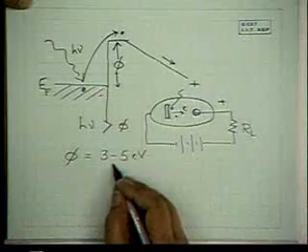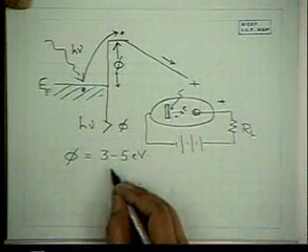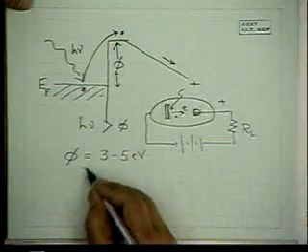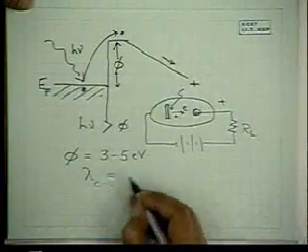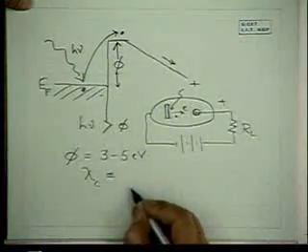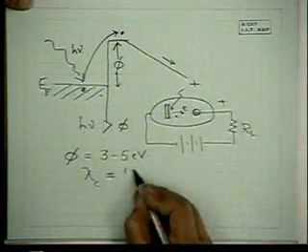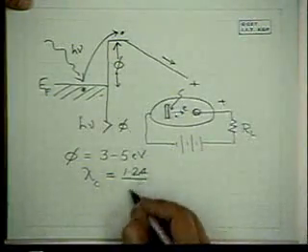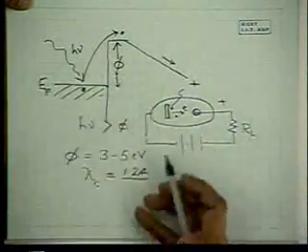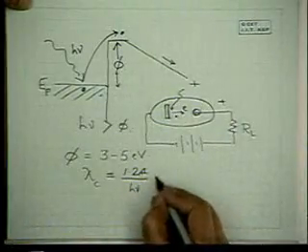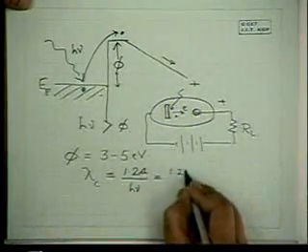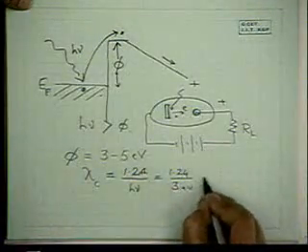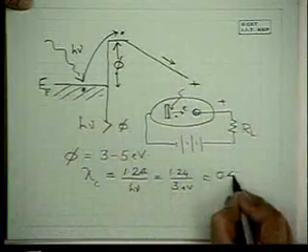these photoemissive devices can only function in the blue or the UV, because if you remember the relation, lambda is 1.24 by h nu, and this is 3 eV, this comes to about 0.4 microns.